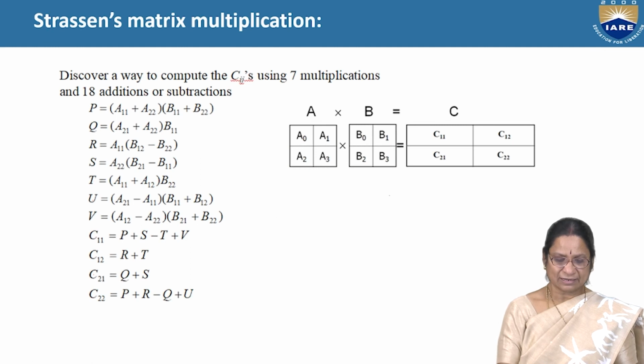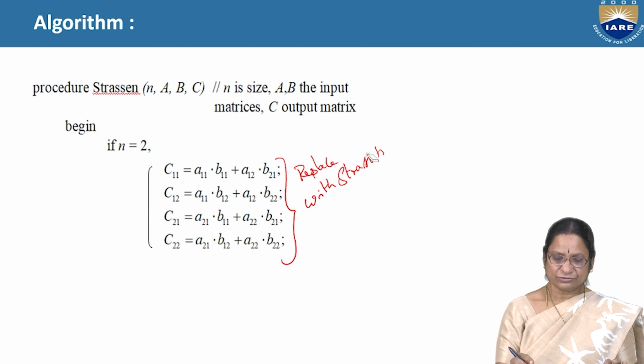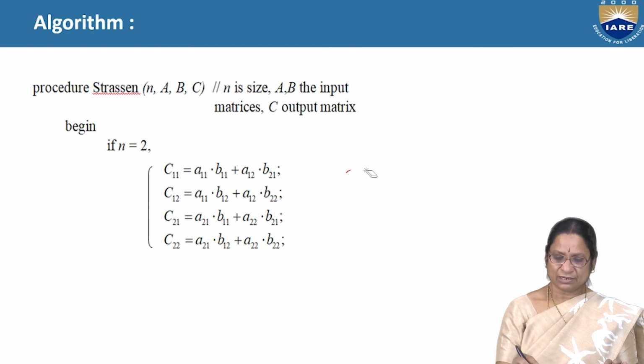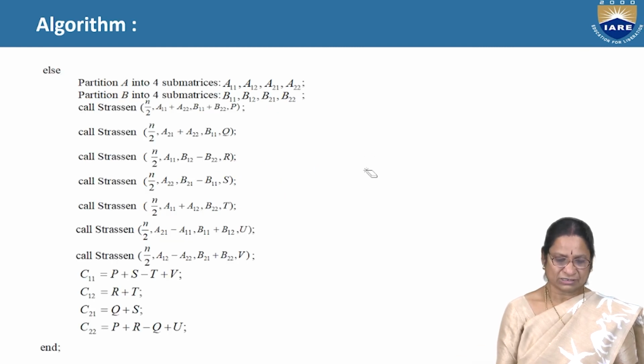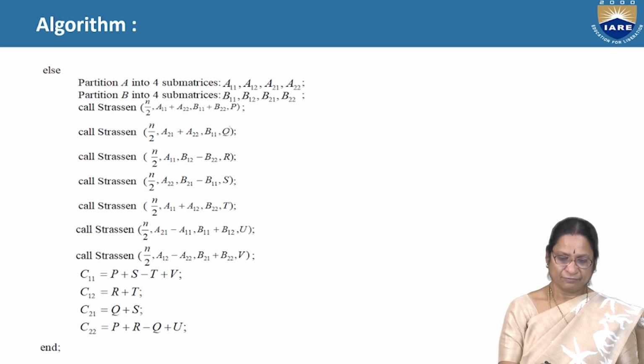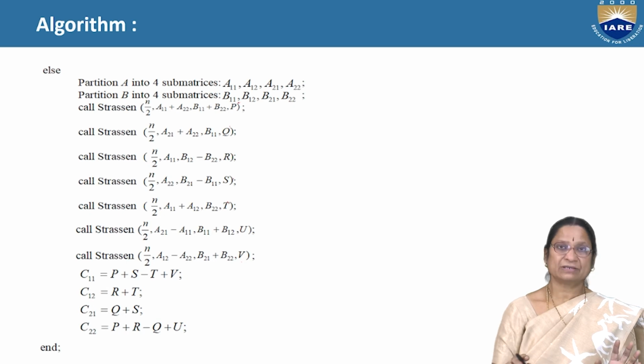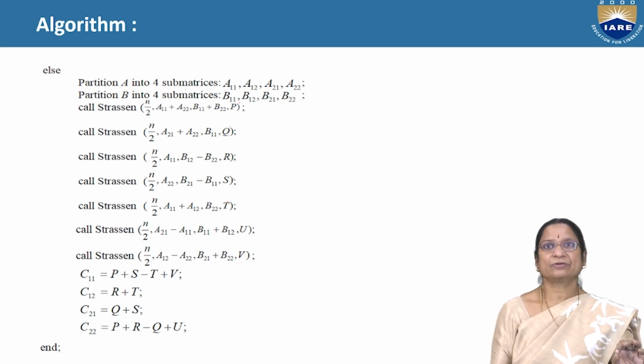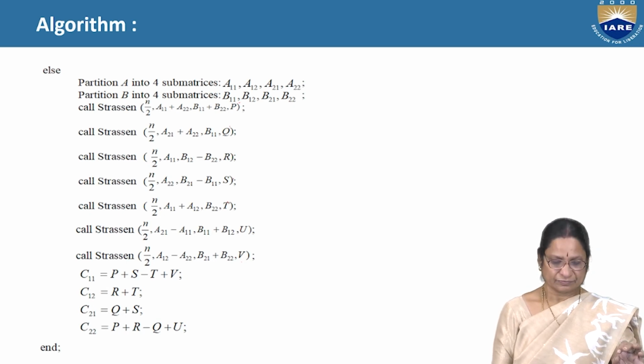What are the Strassen's values here? P plus S minus T, etc. we are computing actually. So by using Strassen's, we can replace, and the number of recursive calls we are making here is 1, 2, 3, 4, 5, 6, 7. 7 calls are there if you observe these values.